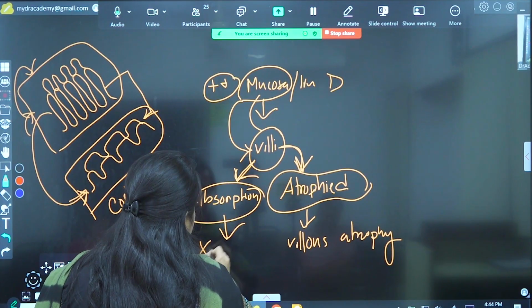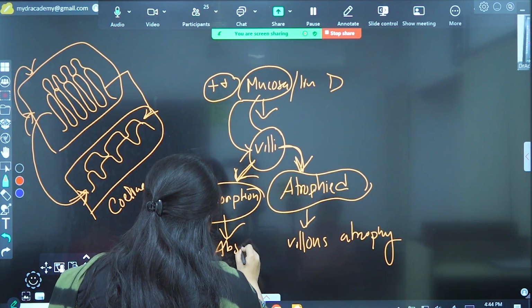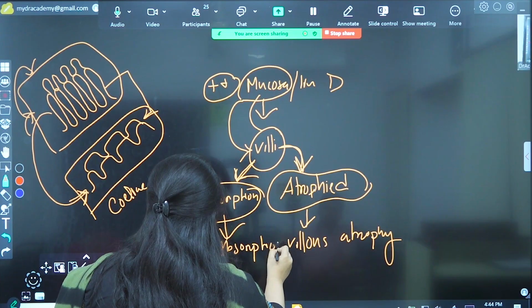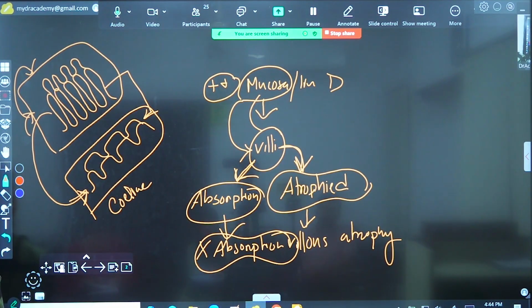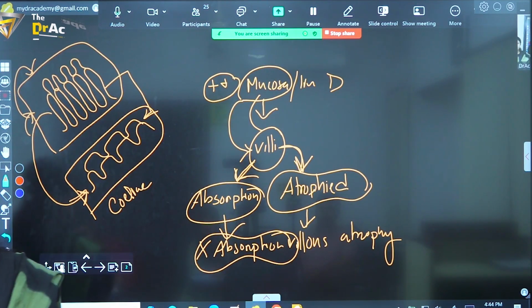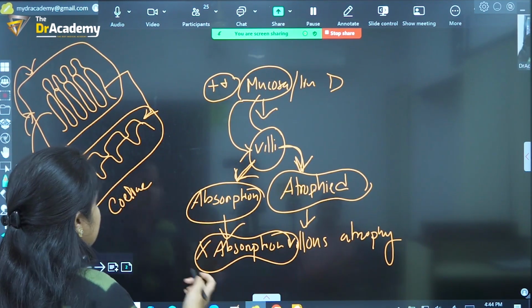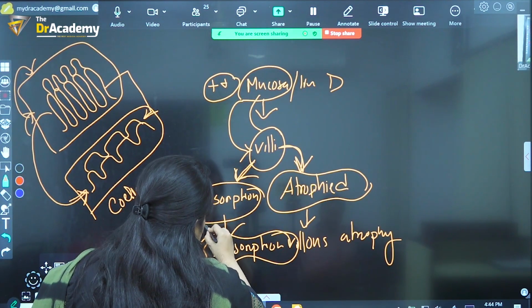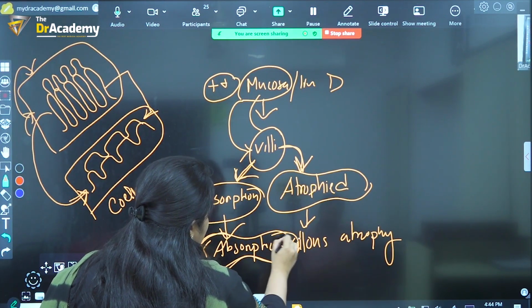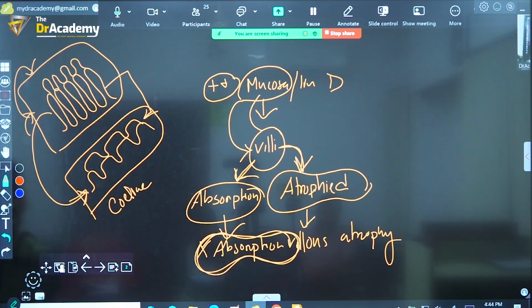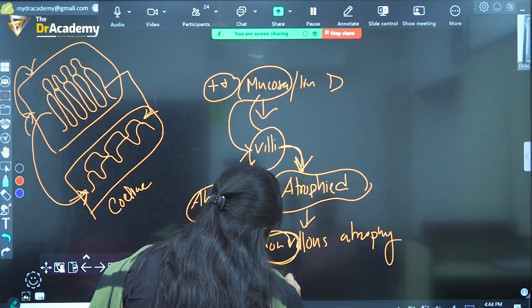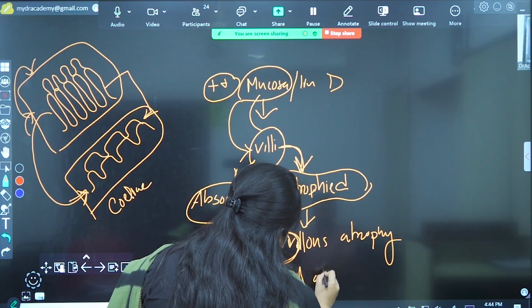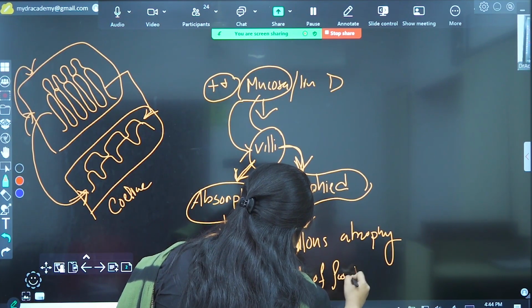So there is no absorption of food or other nutrients or electrolytes, right? The duodenum is the site of absorption of which important mineral? Very good, iron. So there is no absorption of food at all in the second part of the duodenum. Okay, ultimately the food is removed from our body.